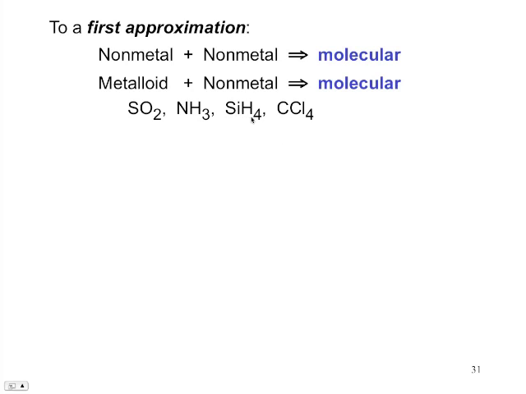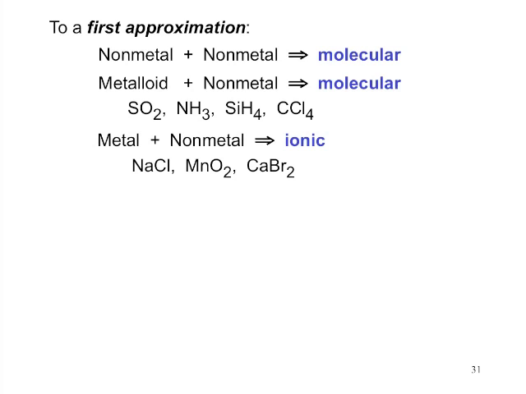When we look at SiH4, this is silicon tetrahydride. Silicon is a metalloid, but still you would predict this to be molecular. You won't be right every single time, but for the purposes of this course, in particular for your exams, this is what you're going to use as a prediction for what constitutes a molecular compound.